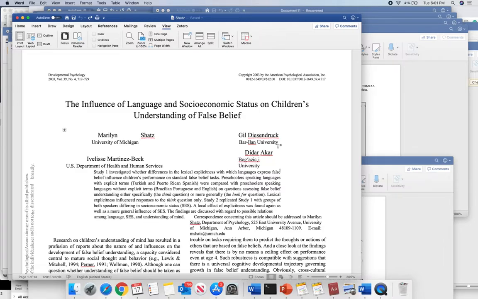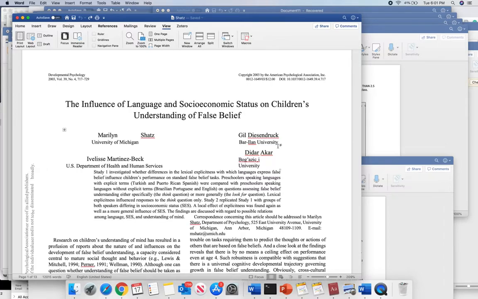So false beliefs are like when you believe something incorrectly, that's a false belief. And understanding that people have false beliefs, it is quite a milestone in cognition. It's not like every person, every child understands that other people have their own beliefs, let alone false beliefs.